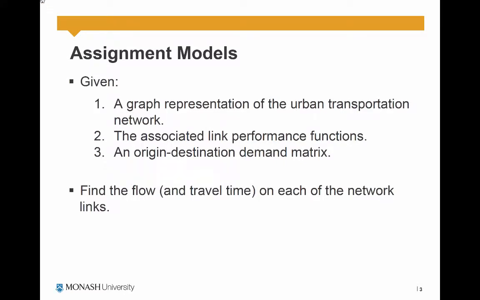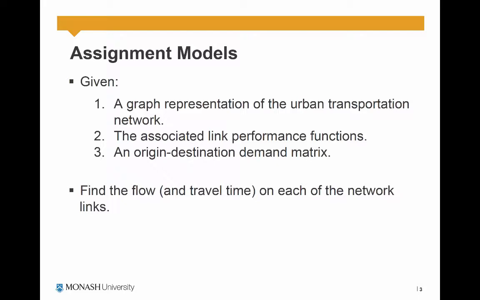So in the traffic assignment model, what is given? We will be given a graph representation of the network. What else is given is the associated link performance functions. In a static traffic assignment, the link performance function is something like a BPR function, the volume delay function.